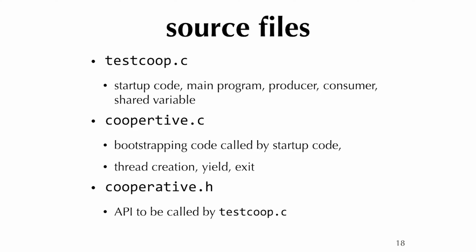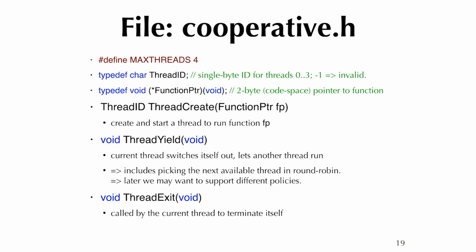Okay, and so what you need to do is take my template, name them as these 3 files, and I'll give you a makefile so you can compile with just make.